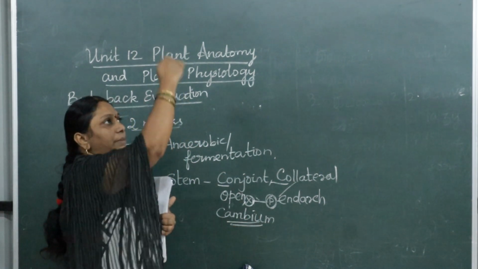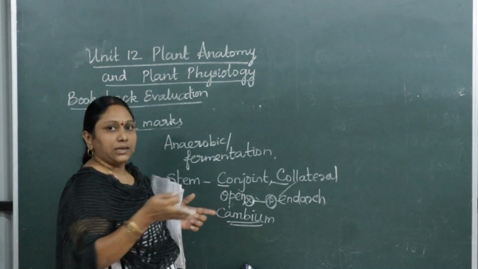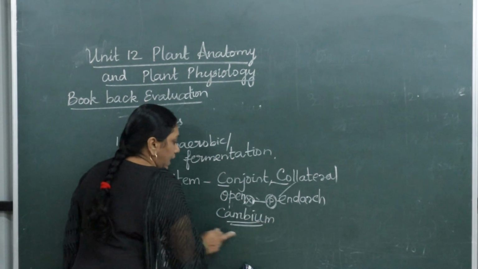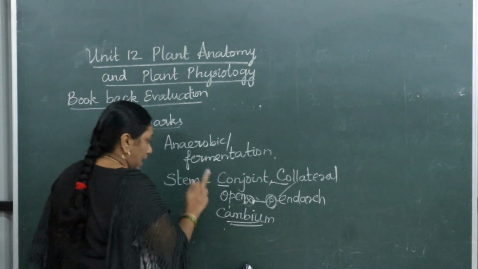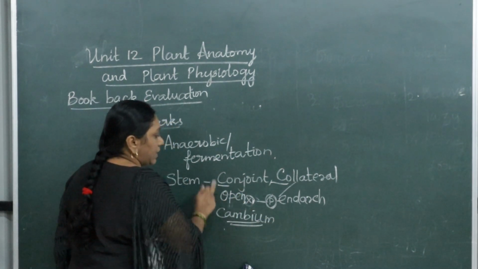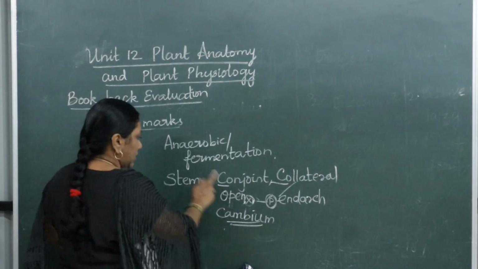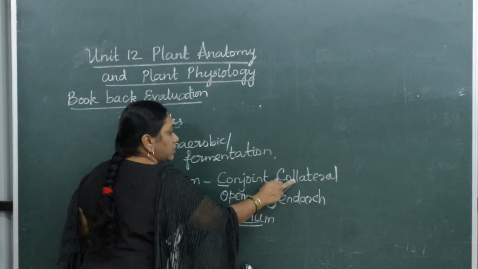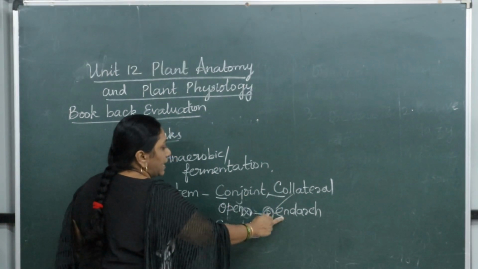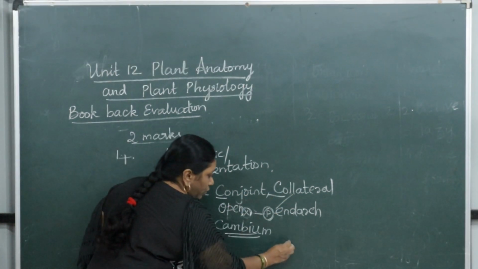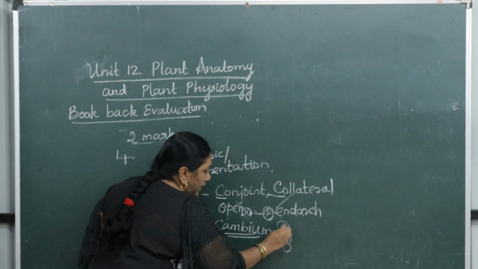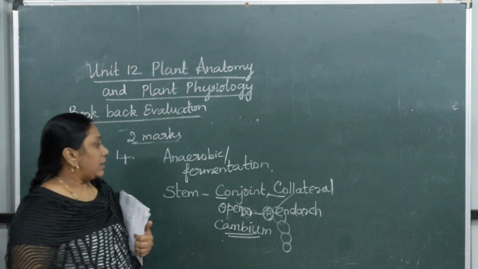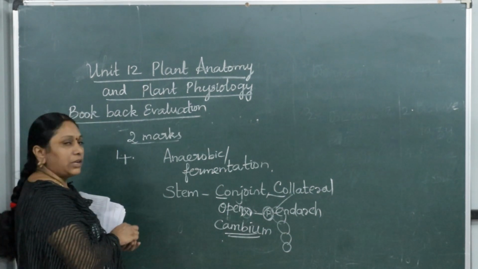Primary growth is growth in length, secondary growth is growth in thickness. A plant grows in thickness because of the cambium tissue. If the cambium is there, that vascular bundle is open. In dicot stem we have cambium. So the nature of the vascular bundle will be conjoint, collateral, open, endarch. Endarch means protoxylem towards the center and metaxylem towards the periphery. So this is regarding the vascular bundle of stem.